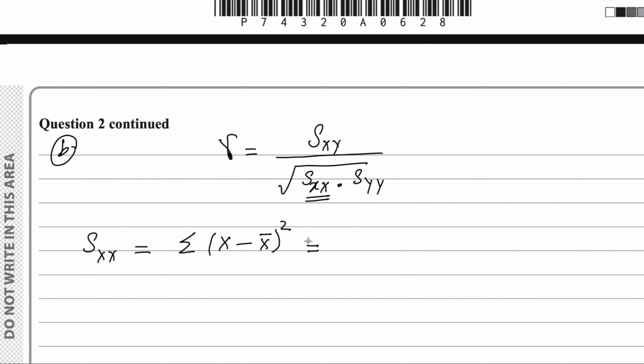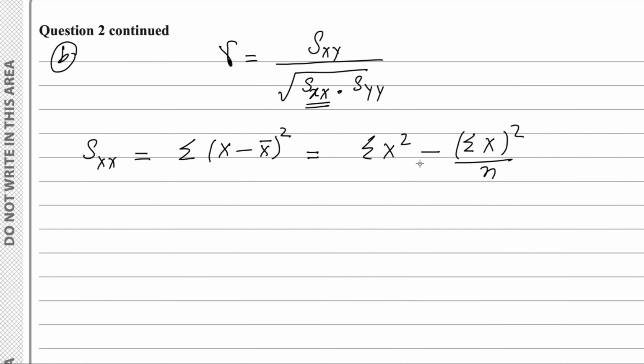There is another formula for this, which is the sum of x squared minus the sum of x, whole squared, divided by n. Plug in the values of sum of x squared and sum of x over here and you will get the value for Sxx. Let me write the values for Sxy and Syy from the given data in the question.